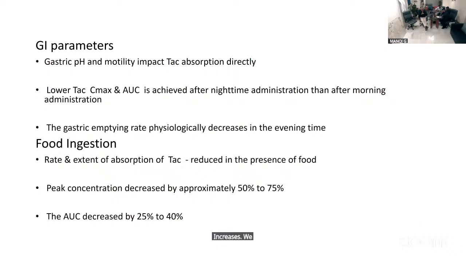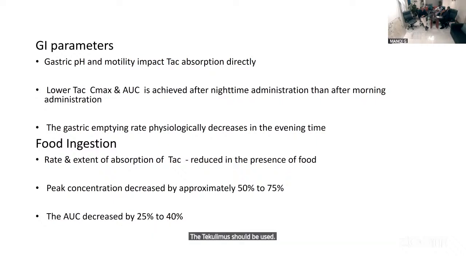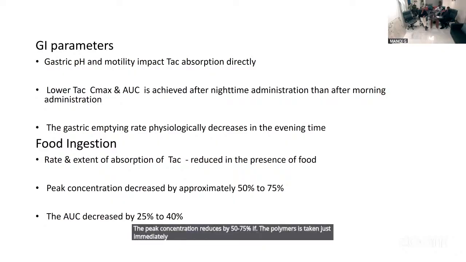We always instruct our patients to take tacrolimus on an empty stomach, either not to take anything 1 hour before the drug, or if the patient has taken food, at least 2 hours after food, because we know that the peak concentration reduces by 50 to 75% if tacrolimus is taken immediately after food.